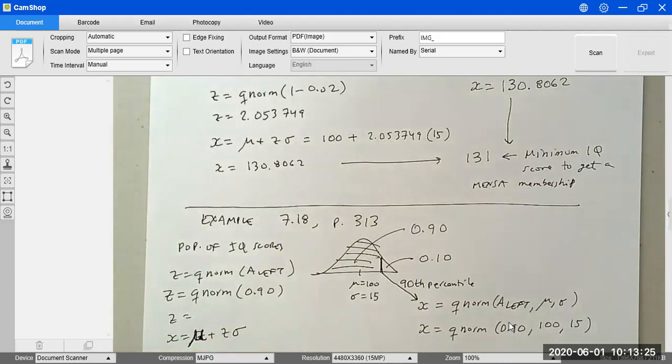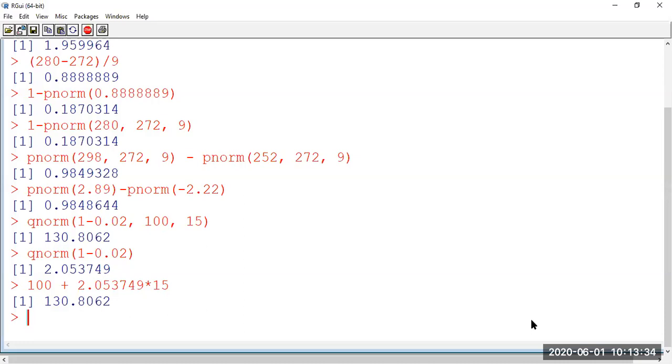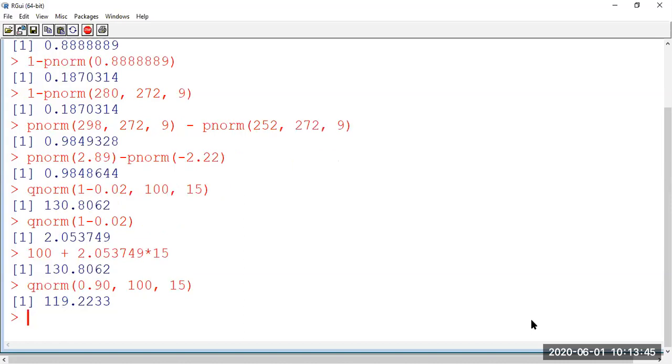Okay, let's do that now, and with that, we're going to finish our lecture today. So we have first qnorm of 0.90, 100, 15. So we get x equals 119.2233. Then the other method is finding first the z-score.